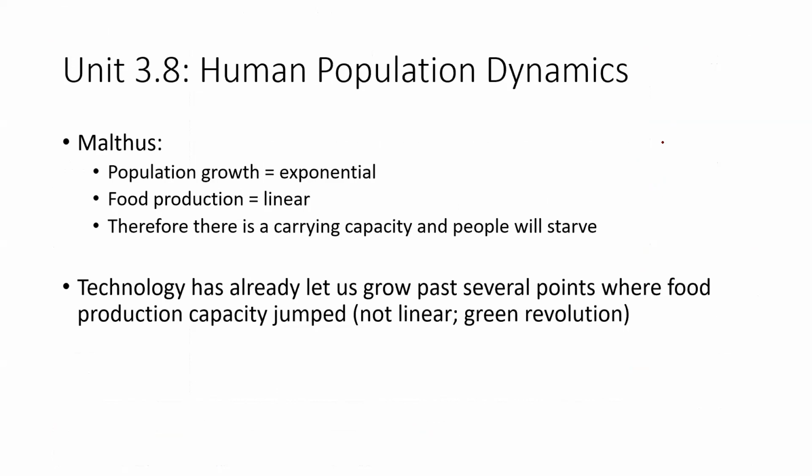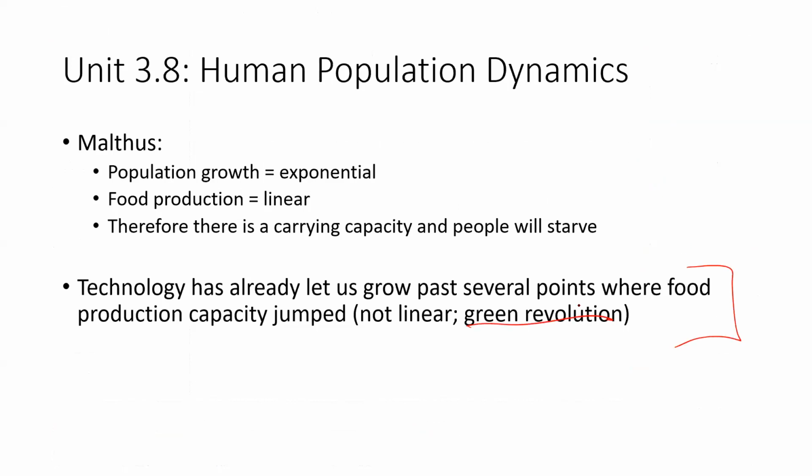All right, so to go back to Malthus, he was the one who said population growth is exponential, food production is linear. Therefore, there is a carrying capacity for people, and people are going to starve to death when we hit it. Now, when we talked about this, we were talking about it in relation to the Green Revolution.